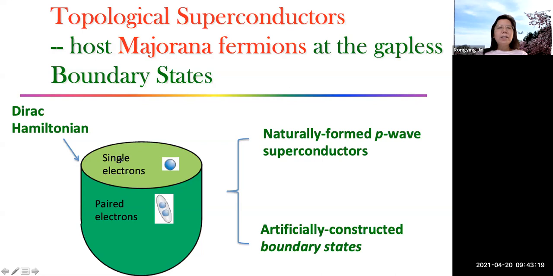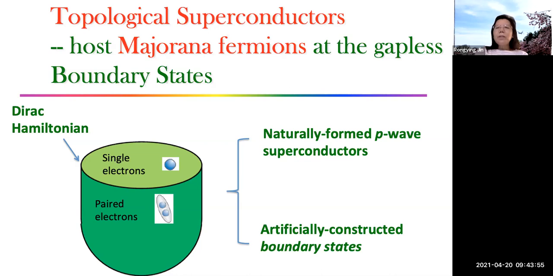In this case, it satisfies the Dirac Hamiltonian, and this will automatically generate massless, chargeless Majorana particles. As we know, the characteristic of Majorana particles is that they are their own antiparticles. With this, you don't need to worry about whether they are entangled or not. It's naturally embedded, inherent.